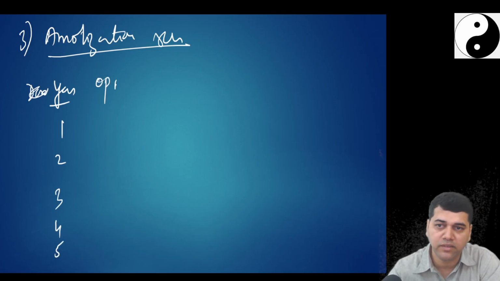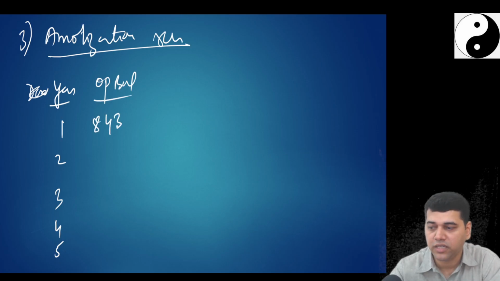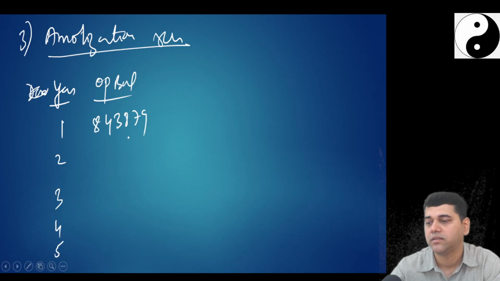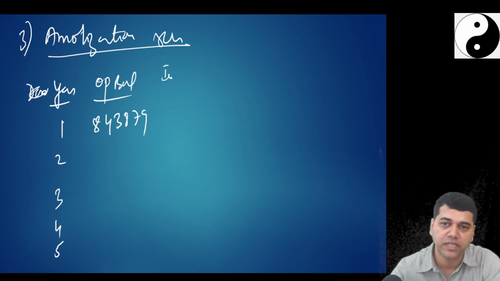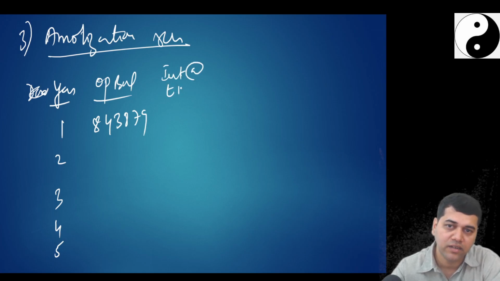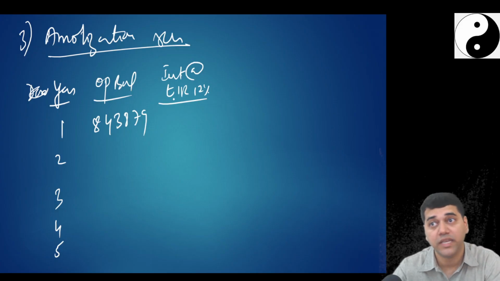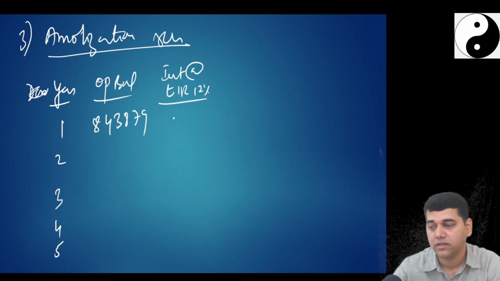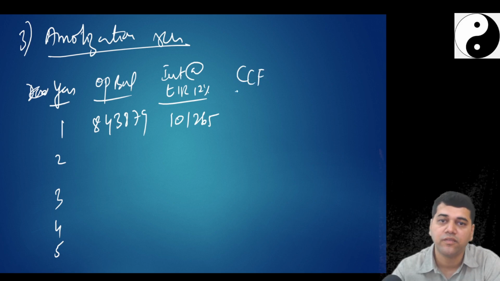What is my opening balance? 8,43,879. How much is my interest at EIR? 12%, which is my EIR, the discounting rate. It comes to 1,01,265.